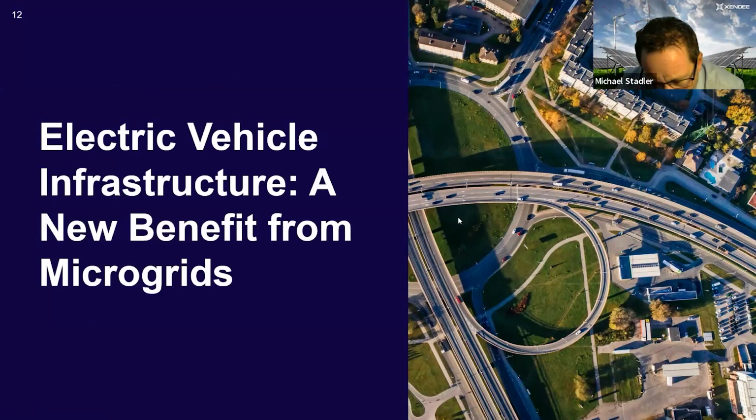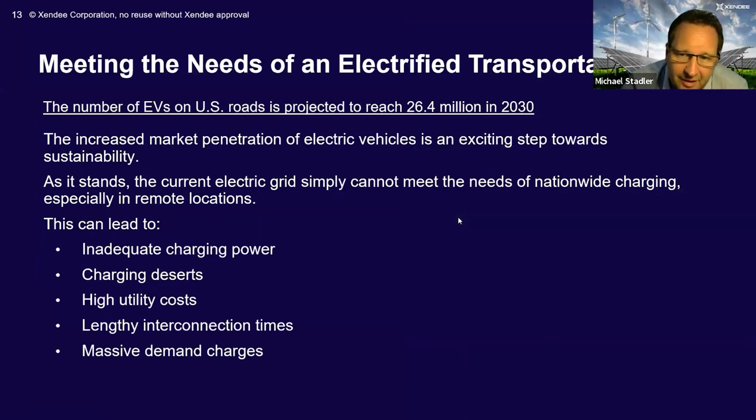A couple of years ago, we realized that electric vehicles really need microgrids so that we can deliver the goals that people have with all this fast charging. And it's nothing new. If we're talking about really fast charging in the 250 kilowatt or 125 kilowatt range, the distribution system is not able to handle this in most places.